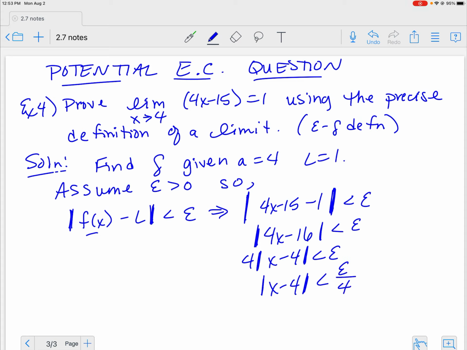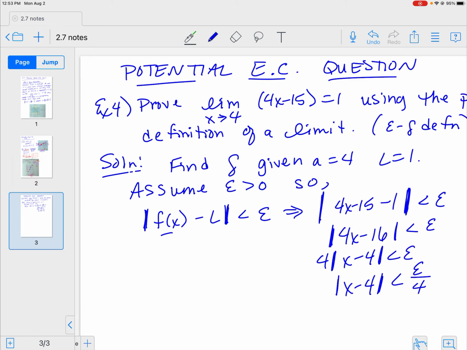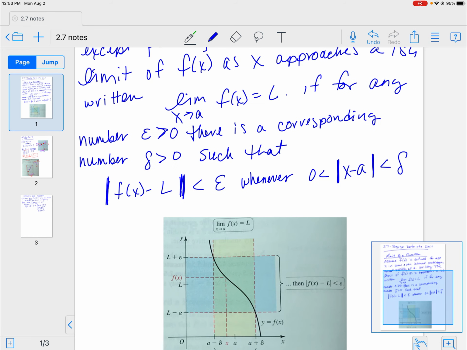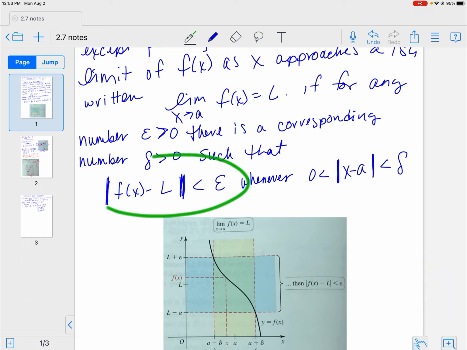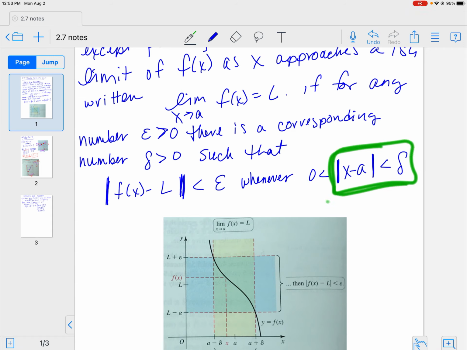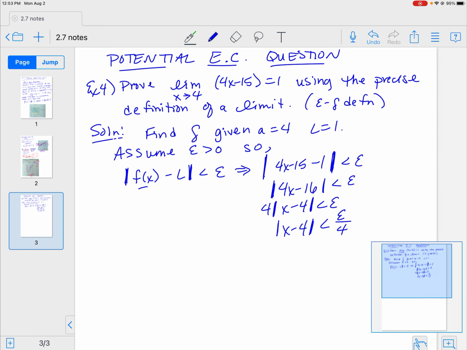Now here's the deal. We want to figure out what this epsilon is, but when we had our definition, and I'm going to swing it back over here real quick, when we had this definition, right? This happened whenever this situation happened. Right? So my goal is to get this part set up. X minus A is less than delta.